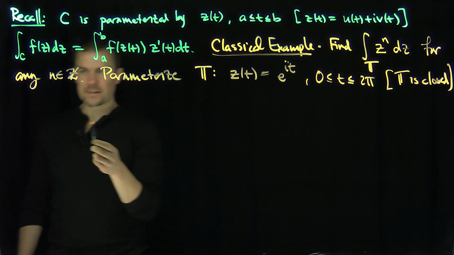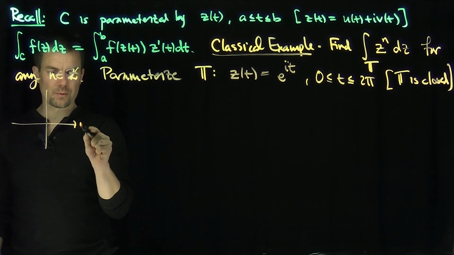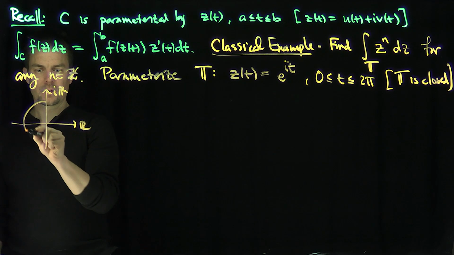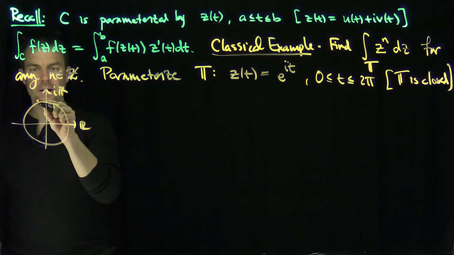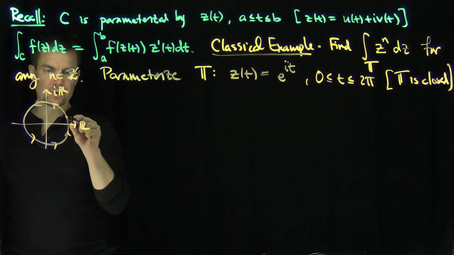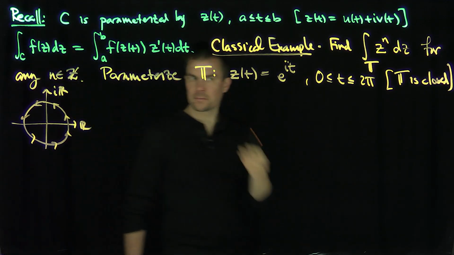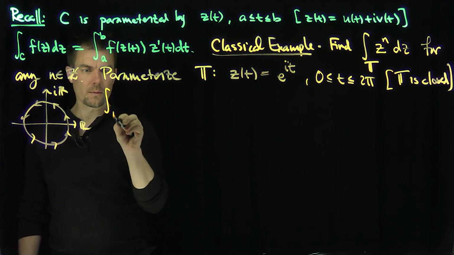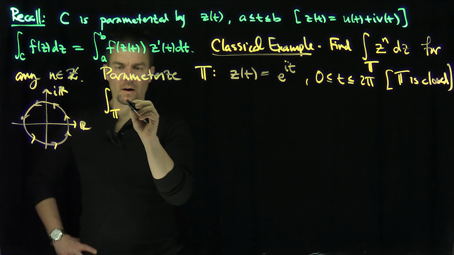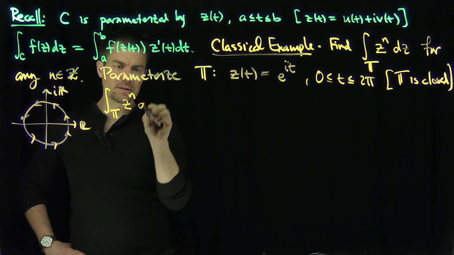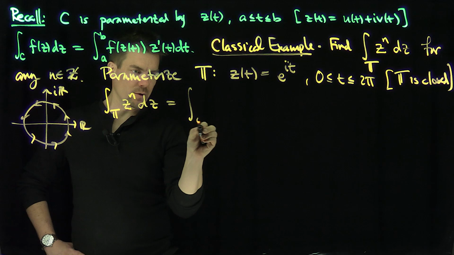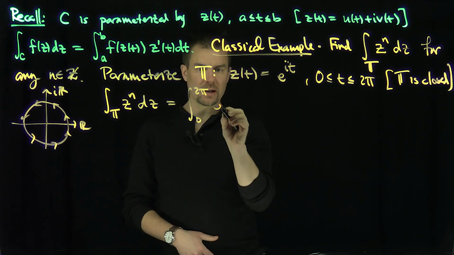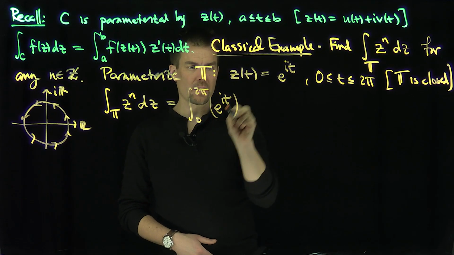Okay, and it's easy to see. We already know the unit circle is a closed curve, right? So if this is the real axis, and this is the imaginary axis, then your unit circle is just this. So we're integrating the function in a counterclockwise orientation, like that. And so now we're in great shape, right? Because now the integral over C of z to the power n dz, we integrate from 0 to 2 pi. z is really e to the it to the power n.